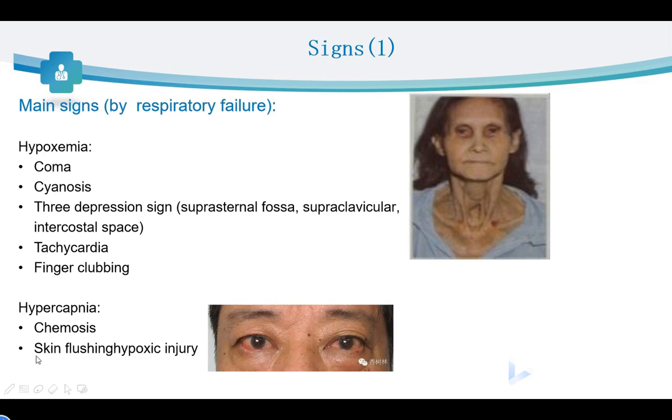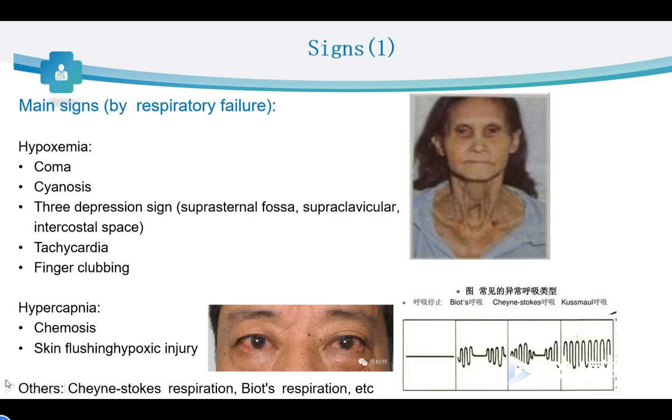We can also find skin flushing and hypoxic injury. And finally, others, including abnormal rhythm of respiration, such as Biot's breathing, Kussmaul breathing, and so on. That's the first group of signs which are caused by the respiratory failure directly.